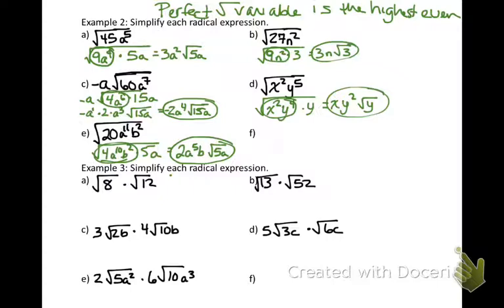Example 3. You first multiply the 8 and the 12 together. So 8 times 12 is 96. And then you find a perfect square that can go into 96. Well, I know 4 can. It's 4 times 24.